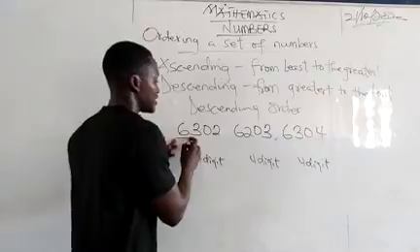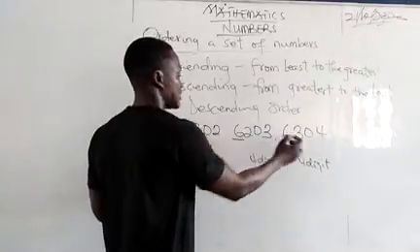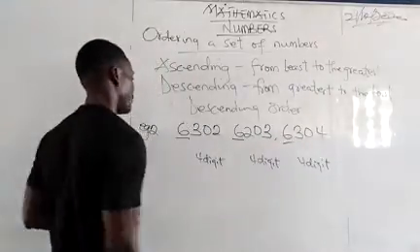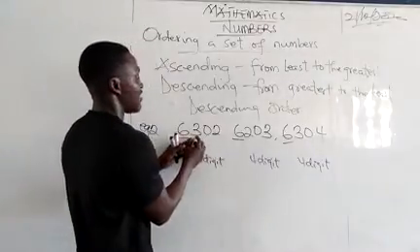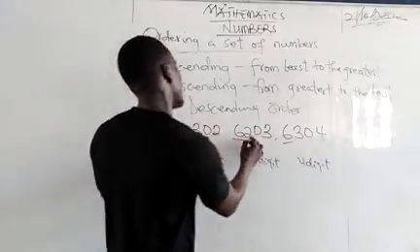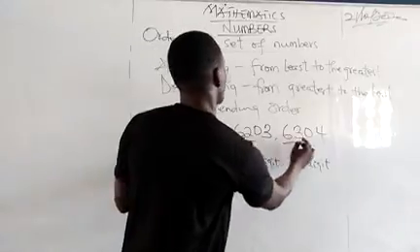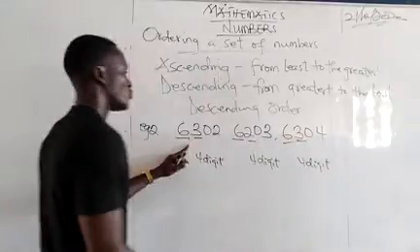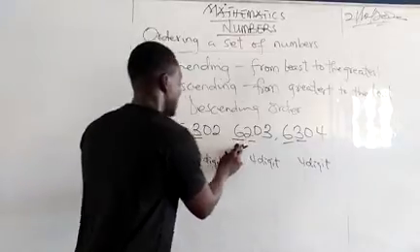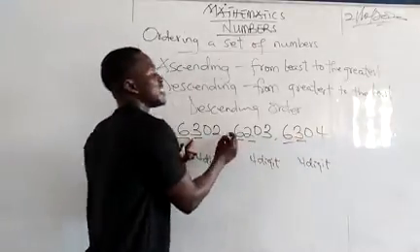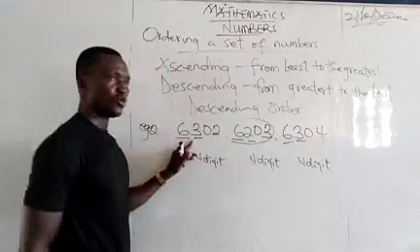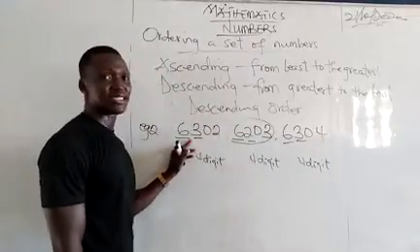This one has 6, this one also 6, this one also 6. Let's move on. This one has 3, this one has 2, this one has 3. Since this one has 3, this one has 3, and this one has 2, this one is the lowest. So you have to remove that one from the list.